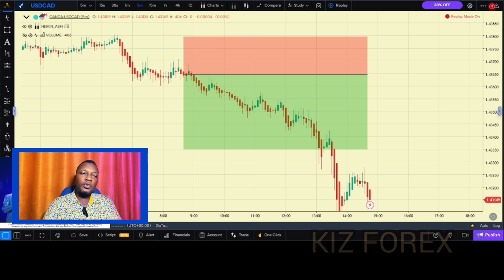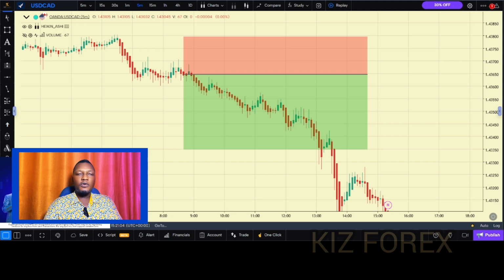One thing you have to know is that using Heikin-Ashi candlesticks is very, very good, and it gives you more advantage in the market. Number one advantage it gives you is that it smooths out the noise from the market, and of course, it makes the trend easier for you to spot. It also helps you to stay in the trade for long, maximizing your profit.